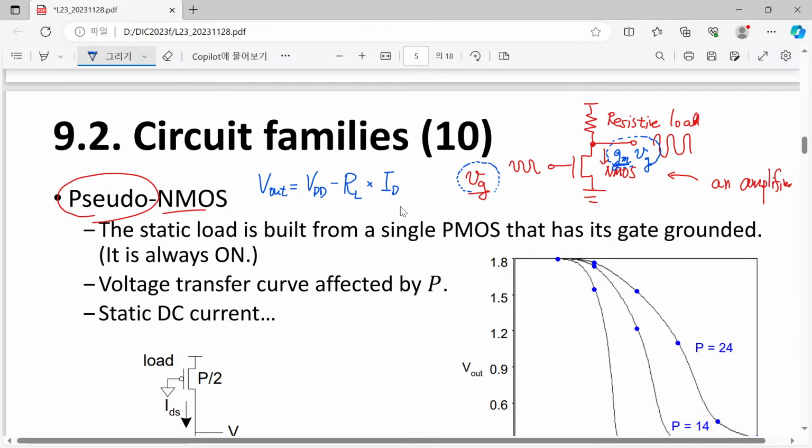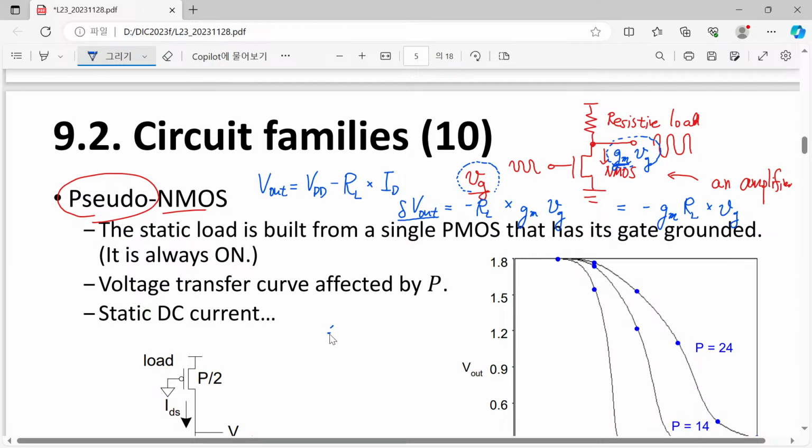So the change of output voltage is given by minus RL times the small change of drain current, that is, Gm Vg. When we collect them all, we have a factor of minus Gm RL times Vg as an expression for output voltage.